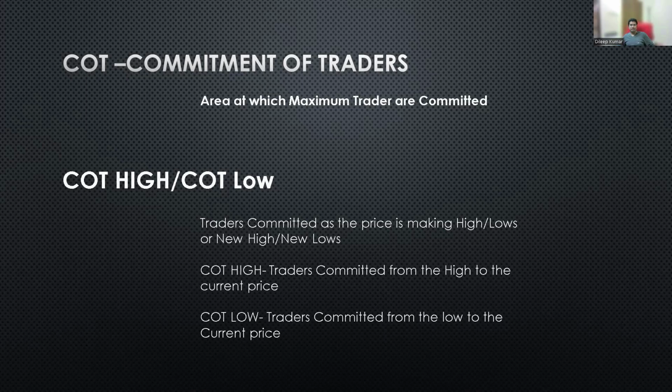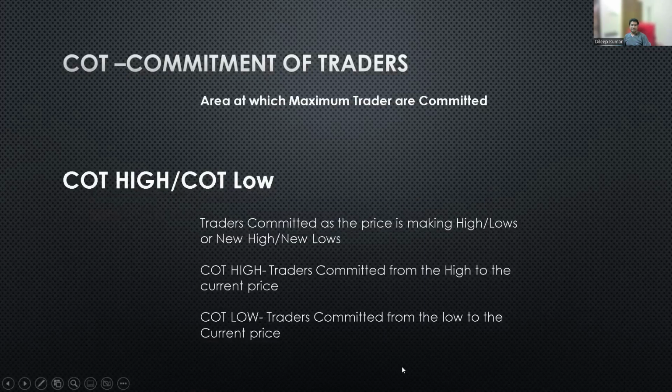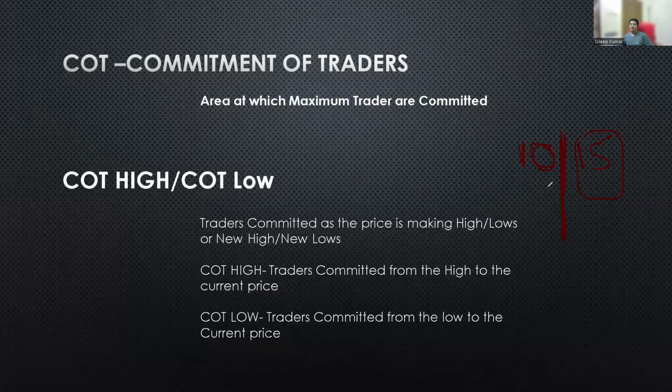So what is delta? Delta is nothing but the net difference between the buyers and sellers. What does it mean? Let's say this is a candle. On the left side of the candle there are 10 sellers, and on the right side there are 15 buyers. What you are looking at on the left side is the aggressive sellers.